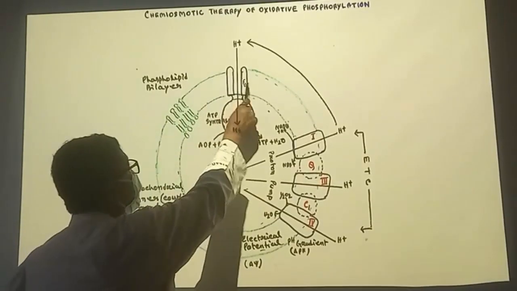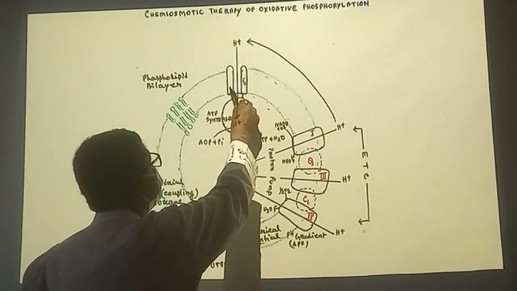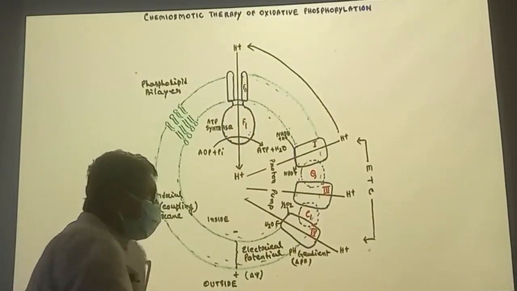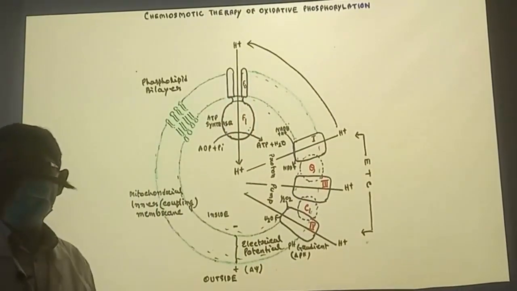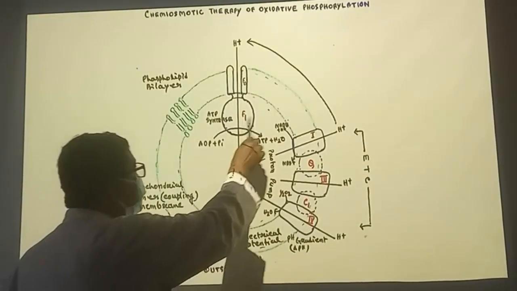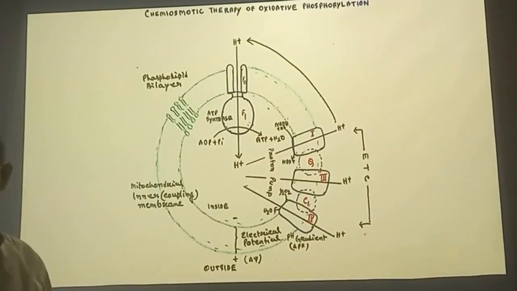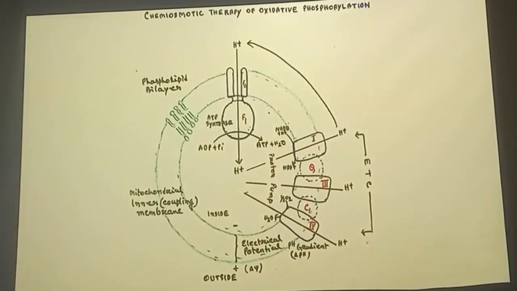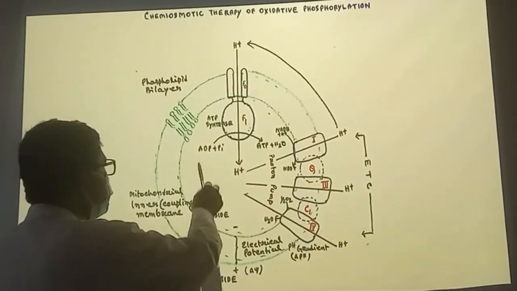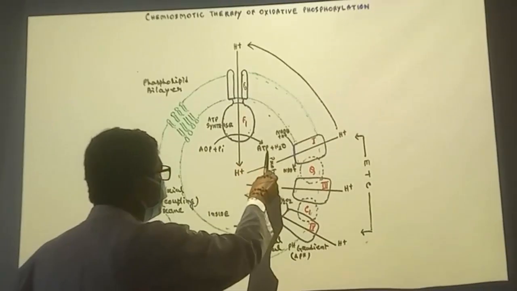This F0 is membrane bound, where there is a channel through which the proton can be taken back into the matrix, and this driving force causes conformational changes in the ATP synthase. We will discuss this in a little more detail, which causes ADP plus Pi to form ATP.